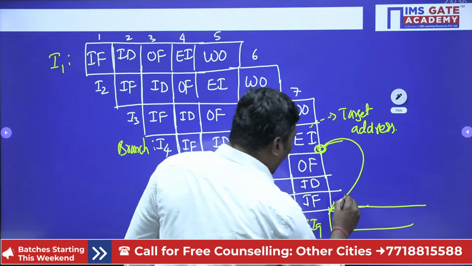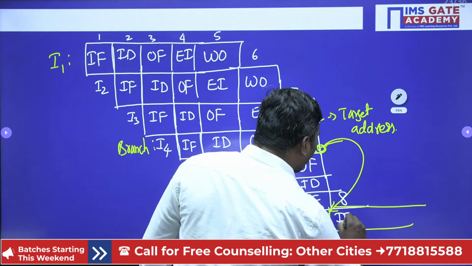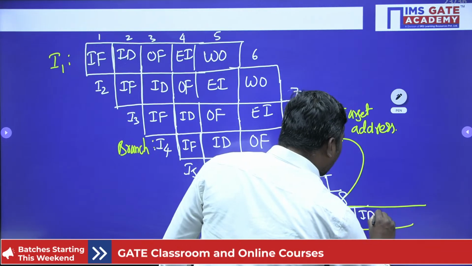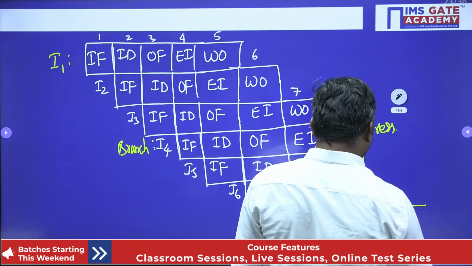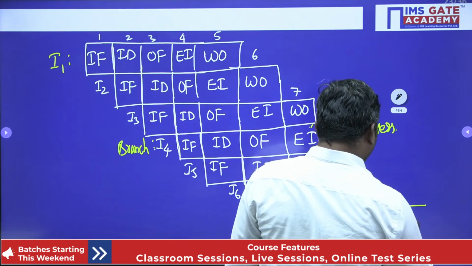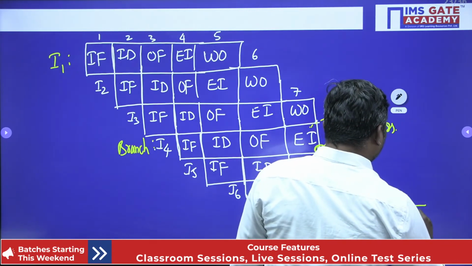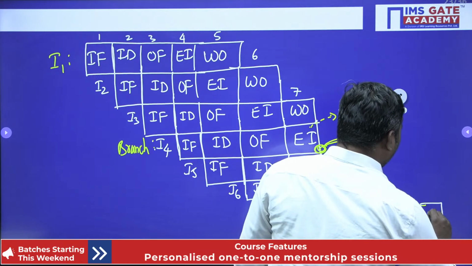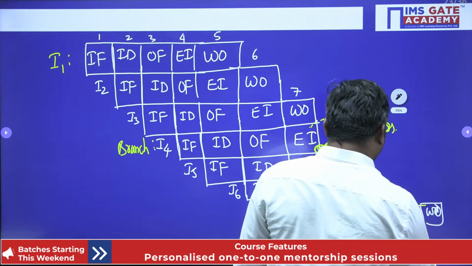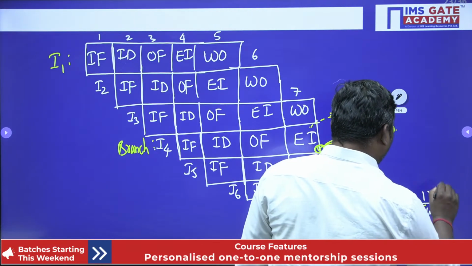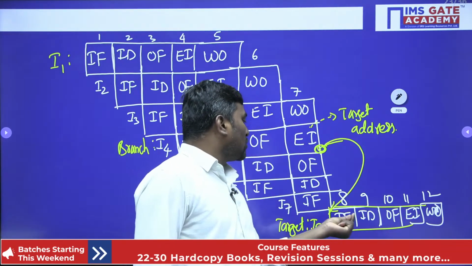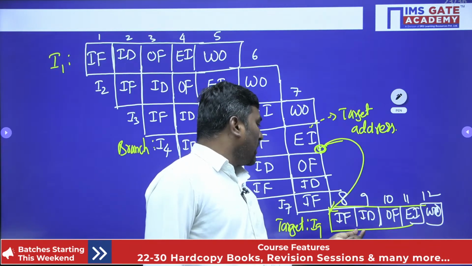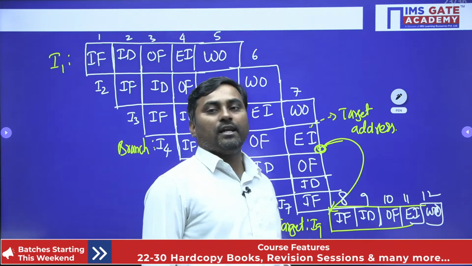At the 8th clock, instruction fetch of I9 happened. Then instruction decode at the 9th clock, then operand fetch, then execute this instruction, followed by write operand here: clock number 10, 11, 12. Now, whenever I9 fetching is over, when you are decoding at the 9th clock, I can fetch instruction I10.